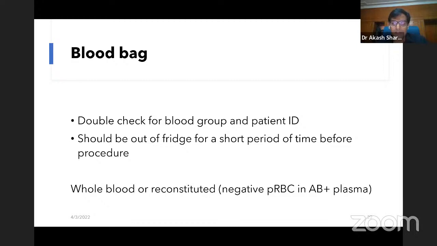There are instances in which additive solution 3 or additive solution 1 is being used instead of CPDA, and it really is no longer a contraindication if the blood is preserved for, say, 5 or 6 days, even 8 days. But that call has to be taken after discussing it with the blood bank. Preferable is always to reconstitute O negative PRBCs in AB positive plasma. We all know double volume exchange would entail around 160 to 180 ml per kg of blood, in which 2/3 is RBC and around 1/3 is plasma.